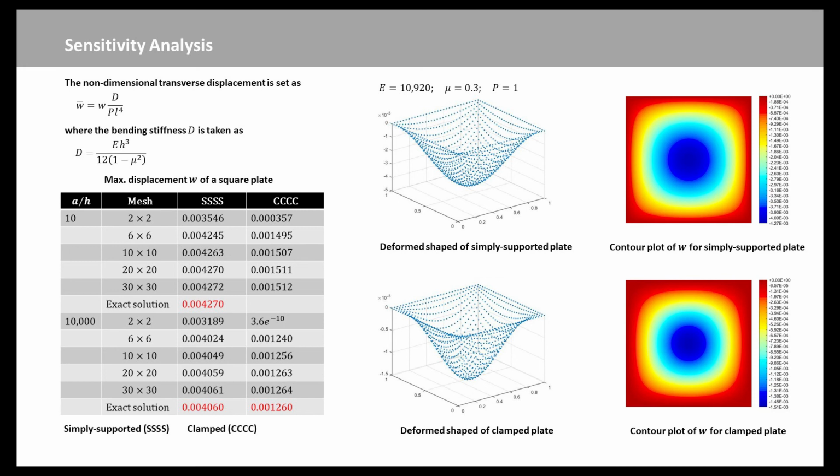In this table, we present non-dimensional transverse displacement results obtained by the finite element method for various thickness values and boundary conditions. In these figures, we show the deformed shape of a simply supported plate and a clamped plate using a 30 by 30 four-noded mesh. From these results, we know a suitable number of finite elements close to the exact solution.